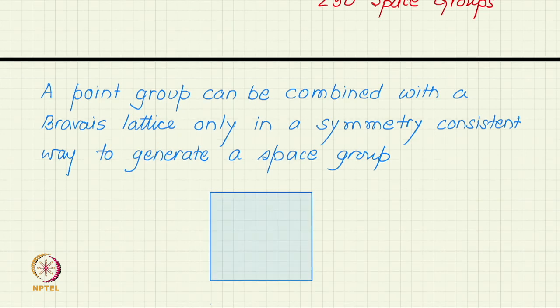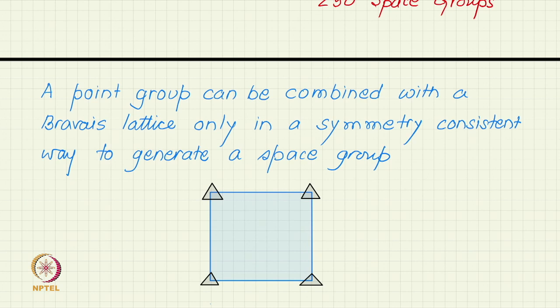This is a square unit cell representing a square lattice in 2 dimensions. Suppose I put an object with threefold symmetry at the corners. Assume these threefold symmetry triangles to be equilateral triangles. I have not been able to draw it very nicely.